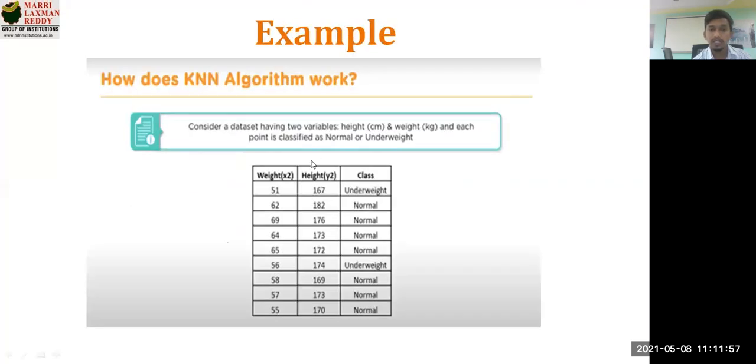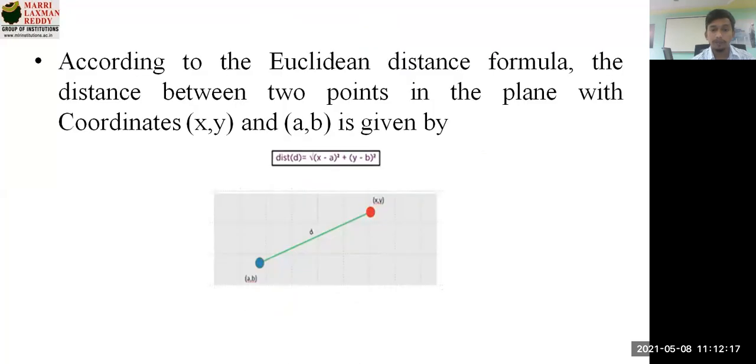First, I take the x1, y1 value and calculate the distance for the first value, then for the second value. Likewise, for as many values of x2, y2 as I have, I need to calculate the distance values.